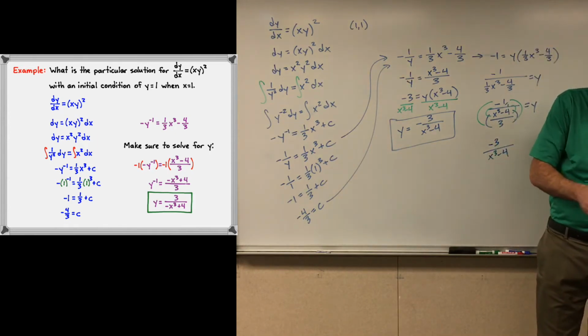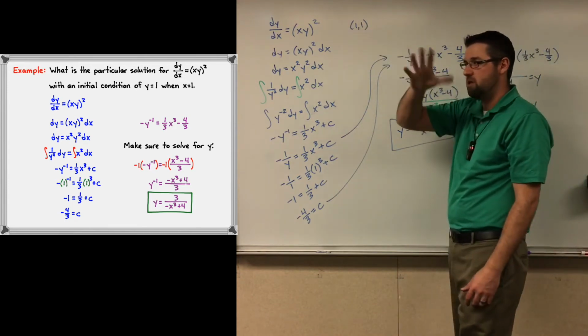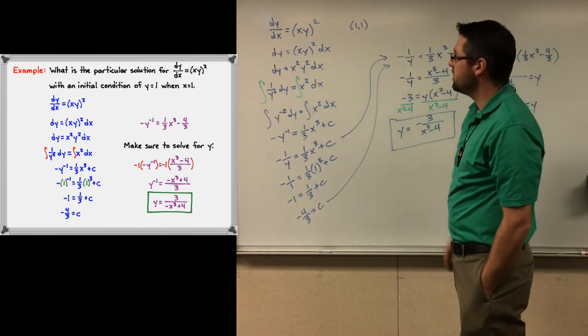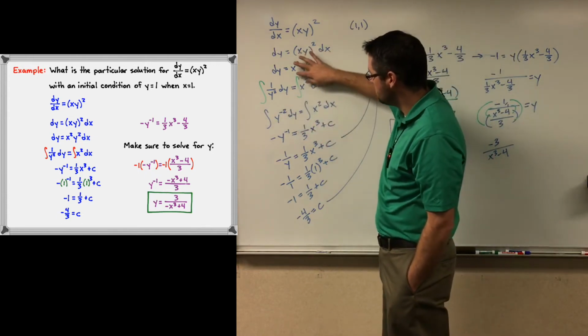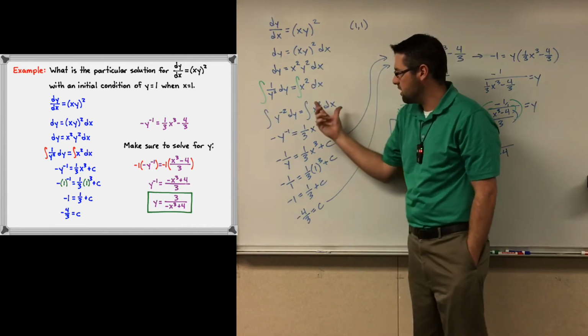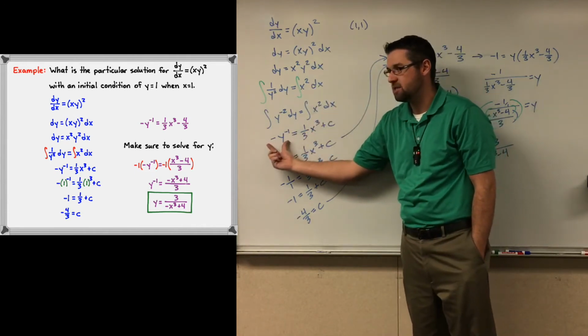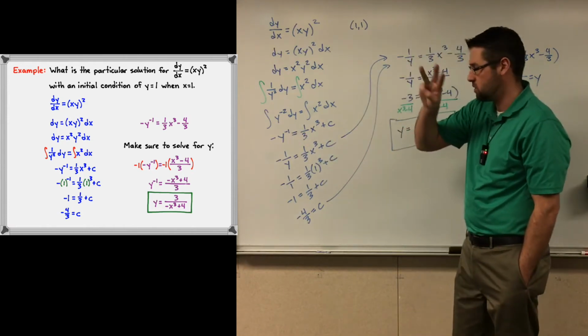Okay. How would this be broken down on the AP exam? The AP exam, this is generally 5 points. You would get 1 point for separating the variables. So if you got down to this part without the integrals, you get 1 point. You would get maybe 1 point for taking the correct antiderivative here, and 1 point for the correct antiderivative there. So that's 3 total there.